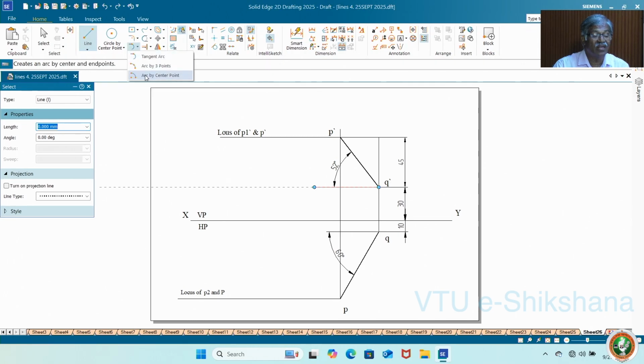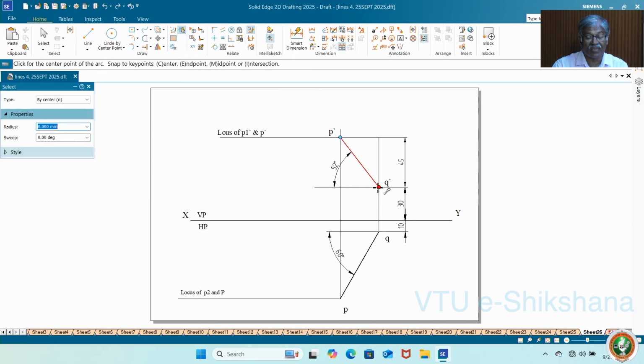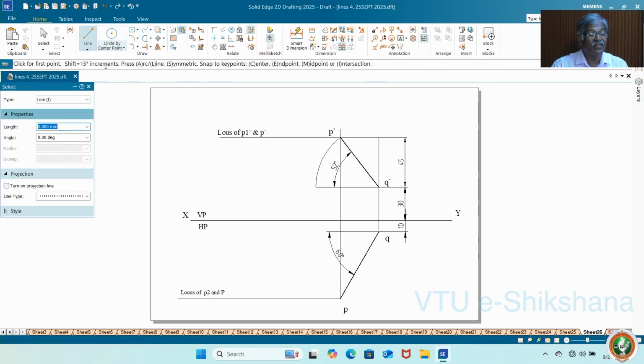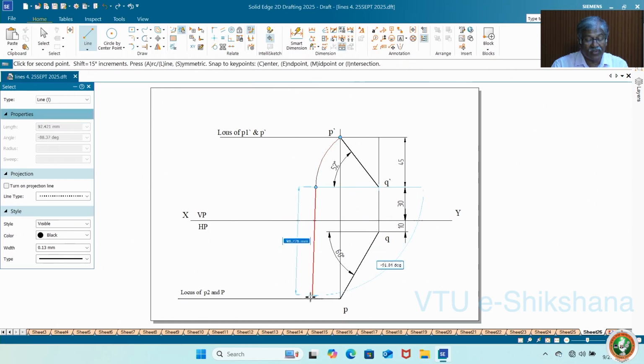Take this arc by center point. This is center, draw. Then project down until you get the locus of P2. You get P2 there.